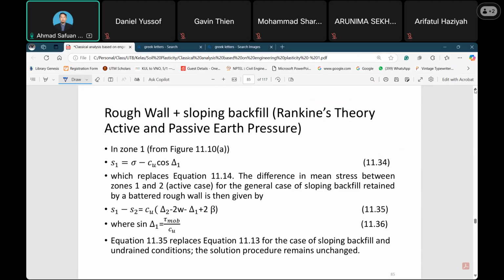Since delta 1 is equal to tau mobilized over Cu, equation 11.35 replaces equation 11.13 for the case of sloping backfill and undrained condition. The solution procedure remains unchanged. So we can follow the procedure.